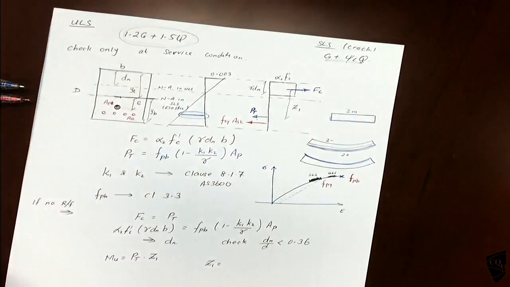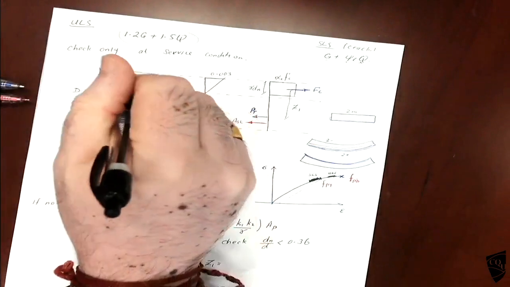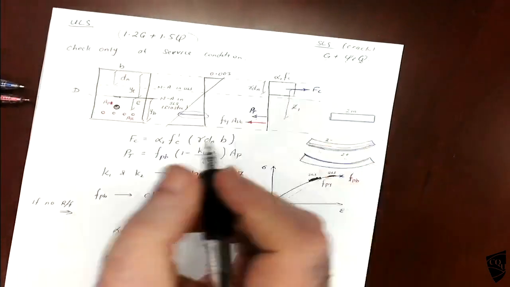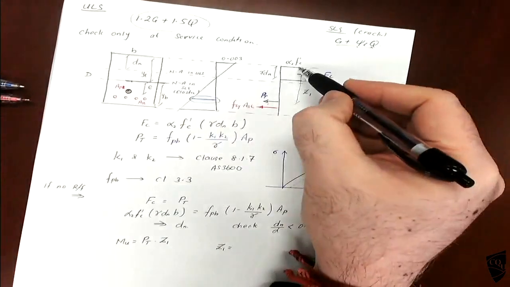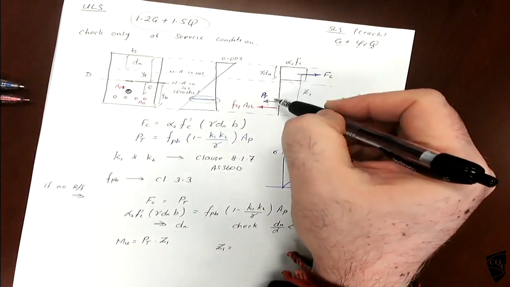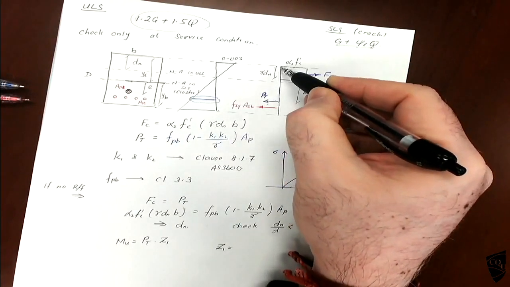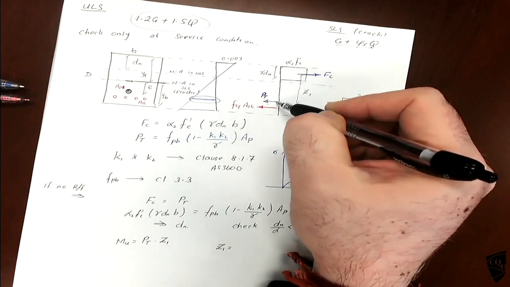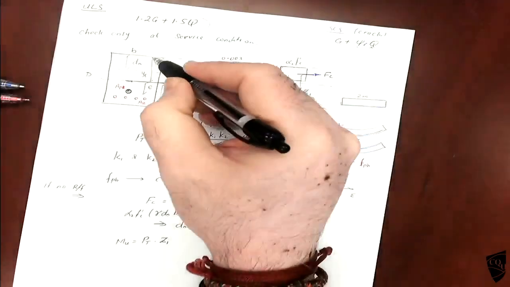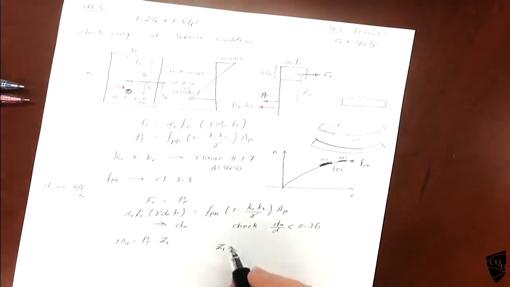Earlier, the neutral axis, yb and yt. So from here to there, yt plus e.